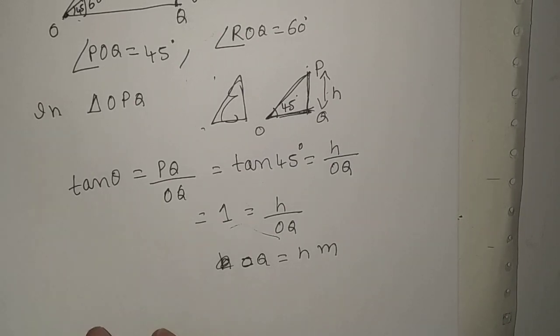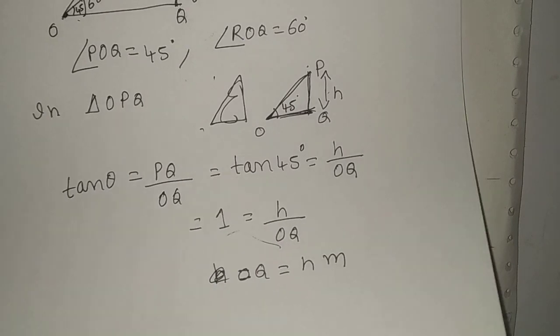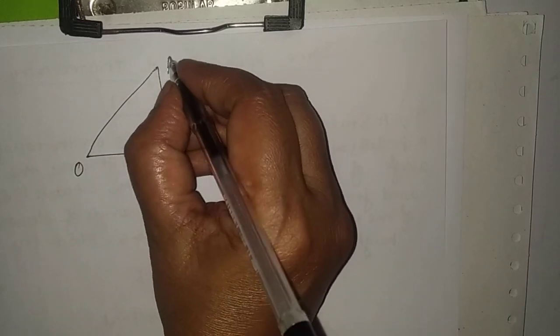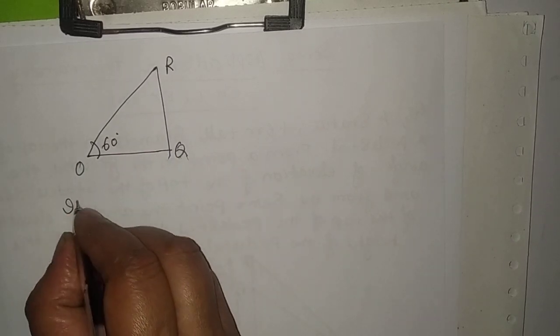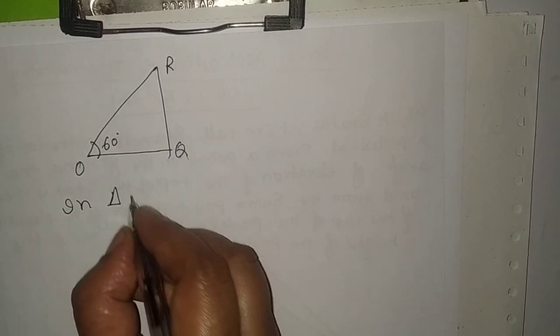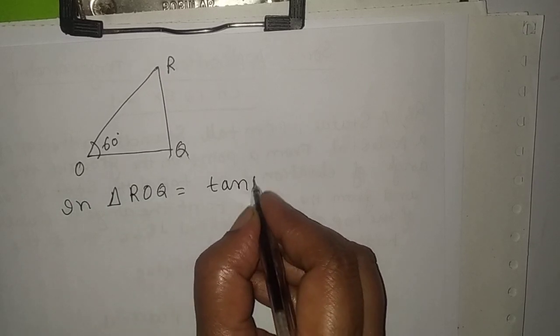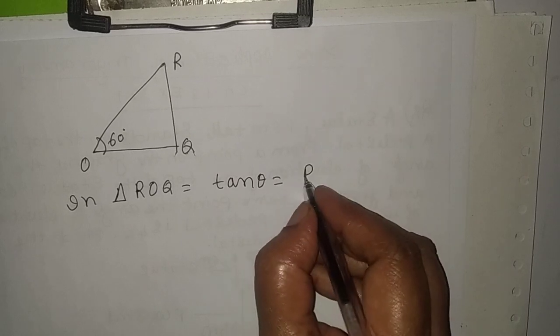So now we continue. We take one more triangle, that is the triangle with 60 degrees. This is the triangle with OQ. I am roughly writing with 60 degrees. Therefore, in the triangle ROQ, tan theta is equal to RQ by OQ.